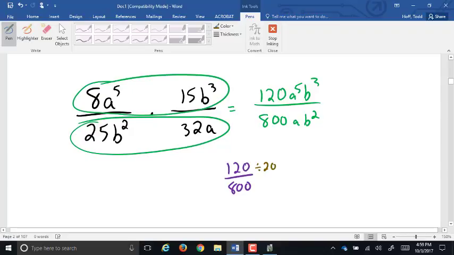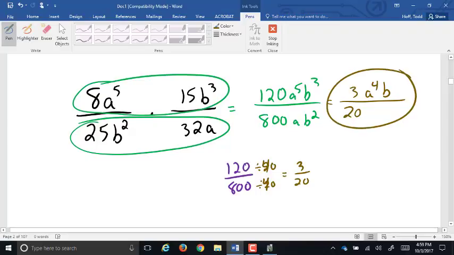Both of those can be divided by 20. Actually, both of those can be divided by 40 to give me 3 over 20. I seem to be stuck in a rut of 3 over 20 here, don't I? Then where does the a go? Top, power of 4. B goes top, power of 1, or just b. So 3a to the 4th b over 20.